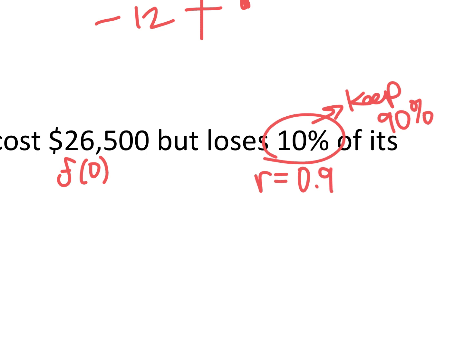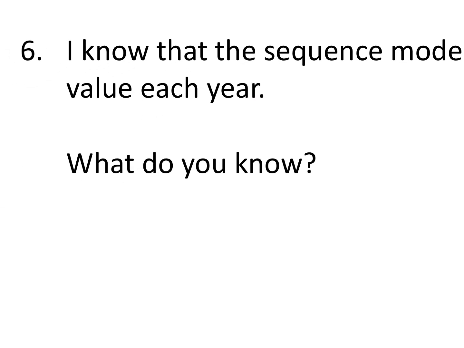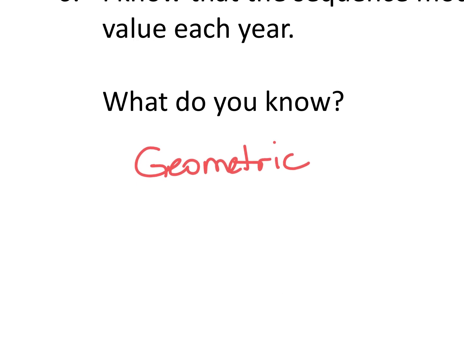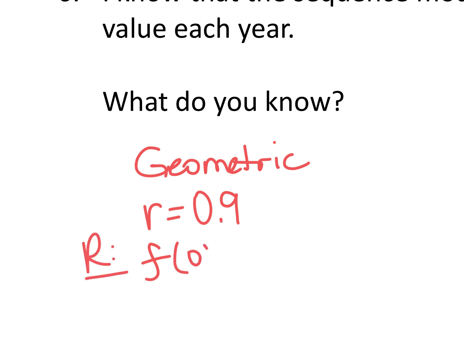Okay, so let's fill in what we know. This is number 6. We know that this is geometric. We know R is a 10% loss, which means we're keeping 90%, so 0.9. We know this is recursive. At time 0, the car cost $26,500.